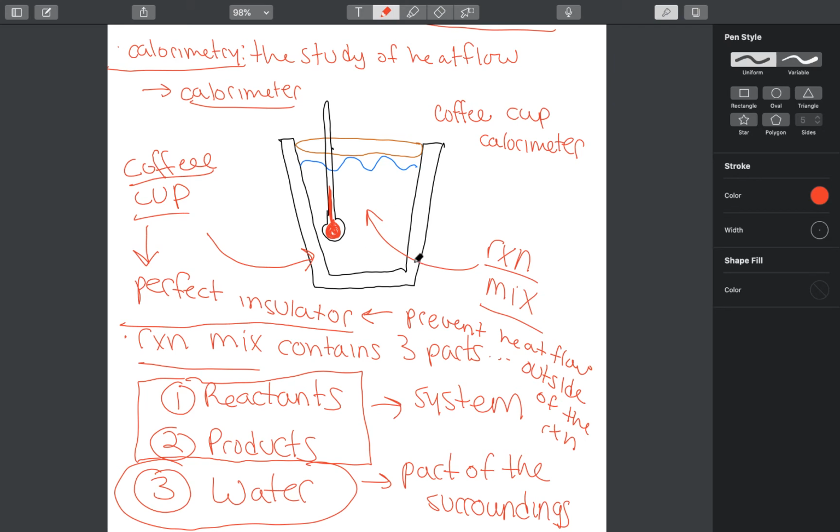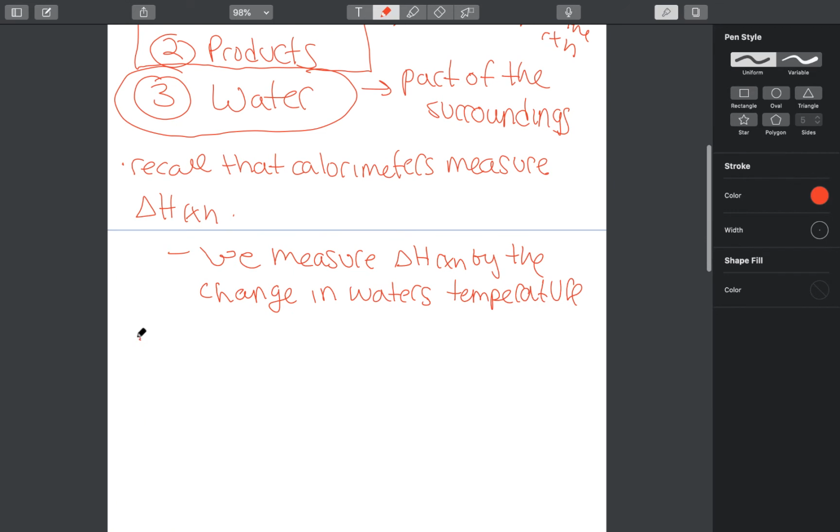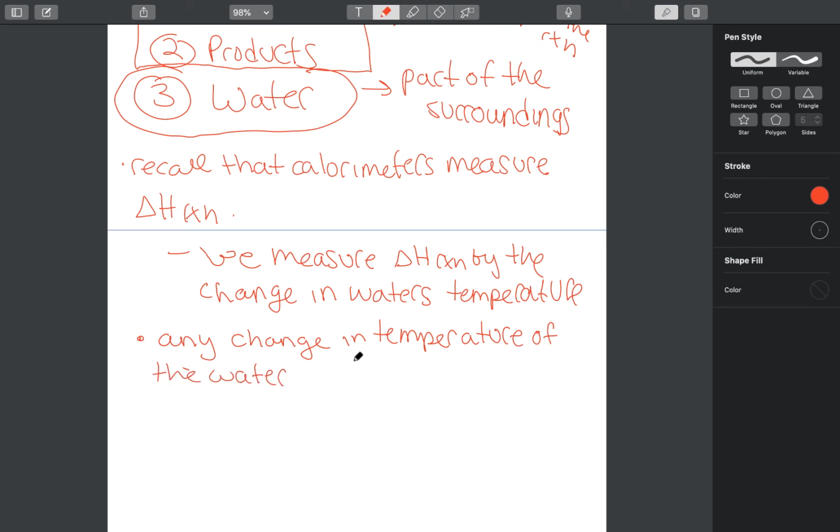So in other words, any change in temperature of the water is due to the reaction only, and not from anything else.